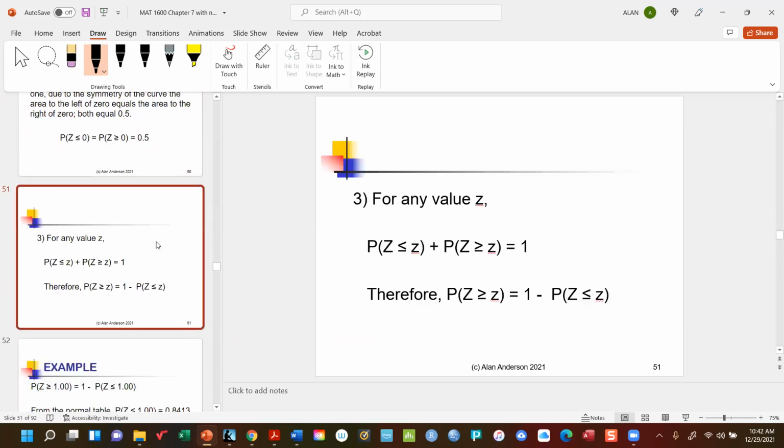Now, here's an interesting one. This, by the way, this little z is some constant or other. Because the area under this curve is 1. Let's say, let z equal to, I don't know, 1.2.